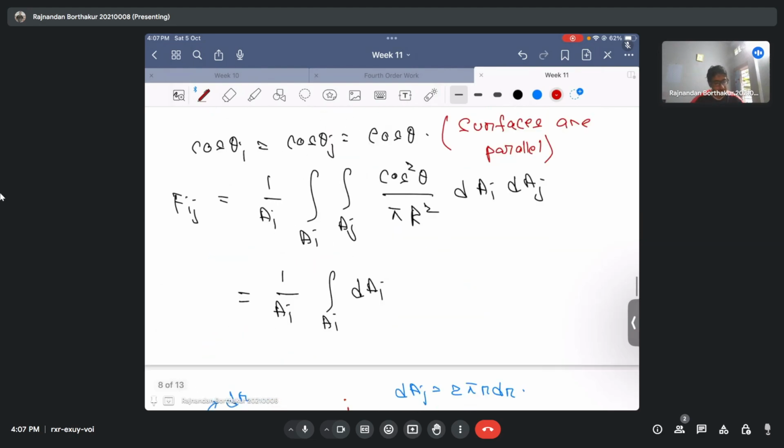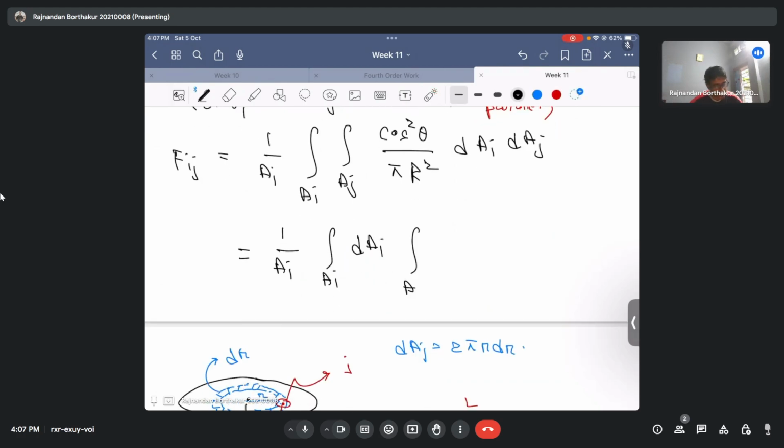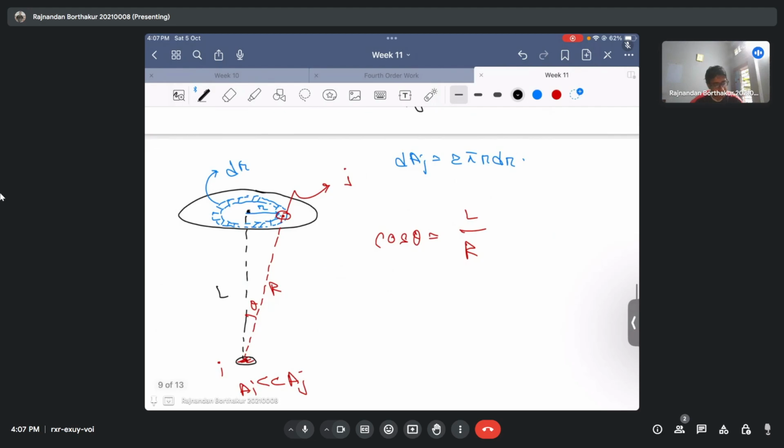So I can take this dAi out, and then simply write it as integral over Aj of cos square theta by pi R square times dAj, where this R is again the center to center distance of this differential strip and this differential strip. Okay, please don't confuse this R and the other dimensions.